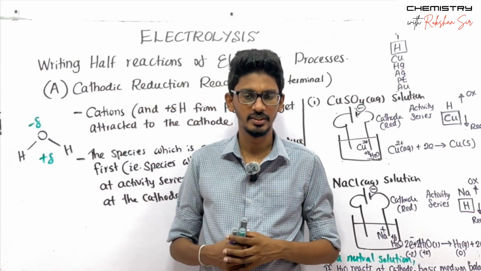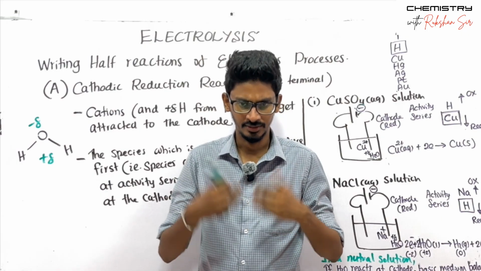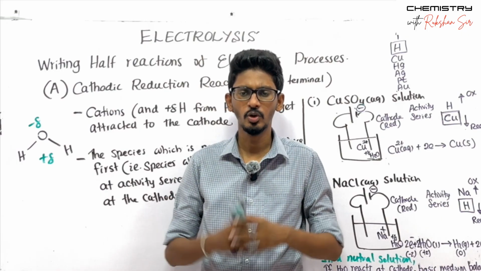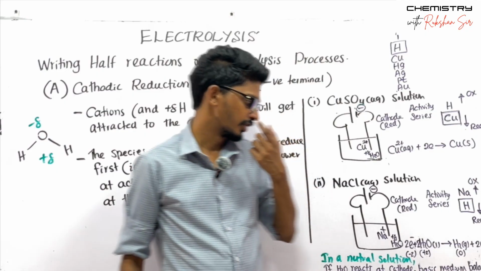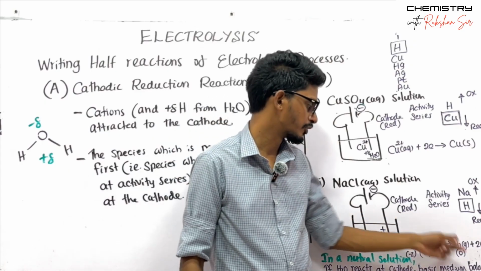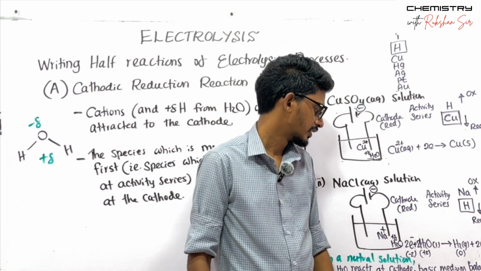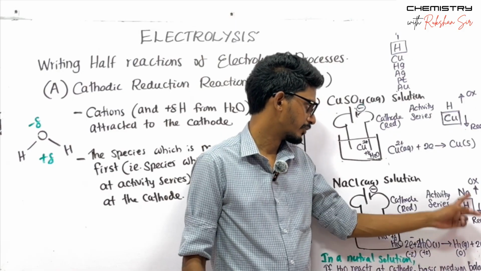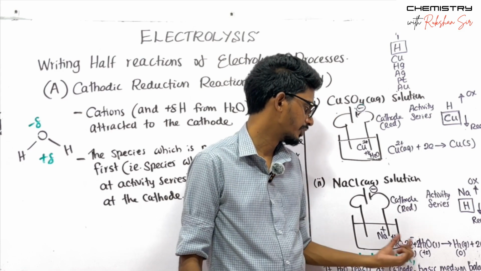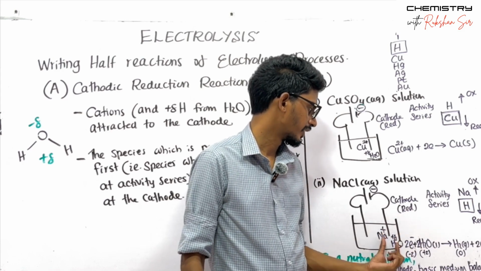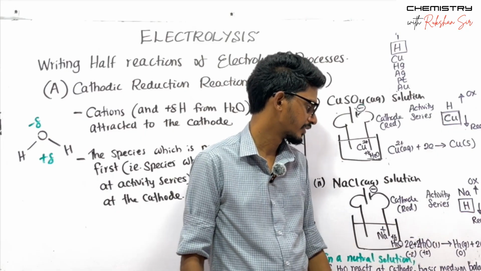It can't be reduced further. Only a reduction is possible with hydrogen in water. So the +1 oxidation state of hydrogen will get reduced to H2. This is what happens there, because hydrogen is lower than sodium. So out of those species approaching the cathode, the hydrogen should be the one to reduce.